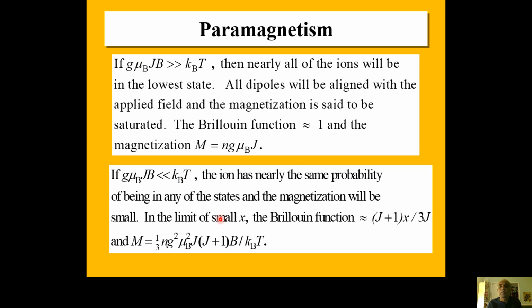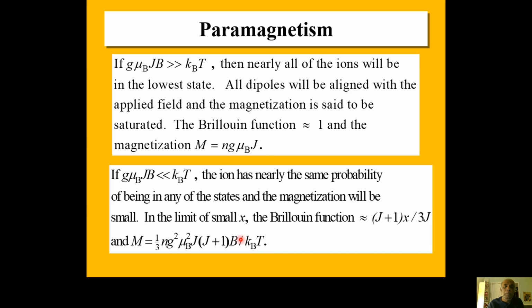That's why the Brillouin function shows a linear dependence, as we saw in that plot. In that region you can show your M is given by this function, because your x has this J(J+1) term and everything. You can see the two limits: in the low temperature and high field limit you have a constant value, which is temperature independent, but in the high temperature and small magnetic field limit it shows temperature dependence.